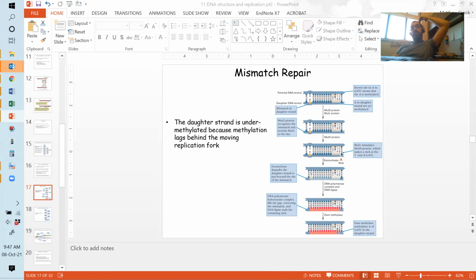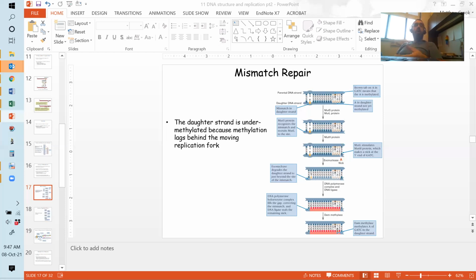It's actually a big part of how transcription is controlled and also how cancers can progress, based on differential methylation. But the point in this case is that methylation doesn't happen for a short time after DNA replication proceeds. So for a gap, there's like a window of opportunity here.